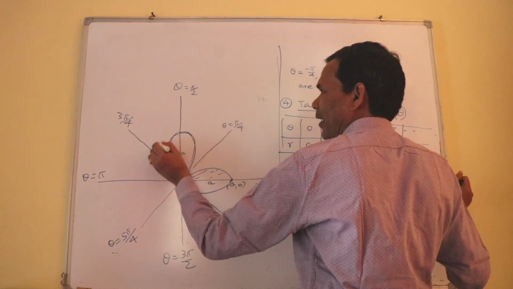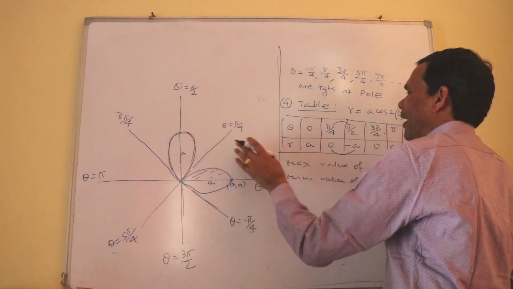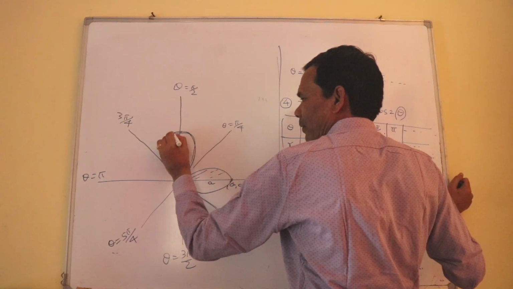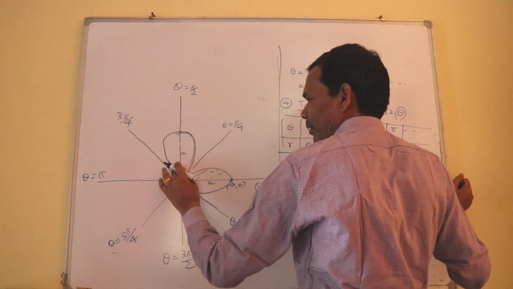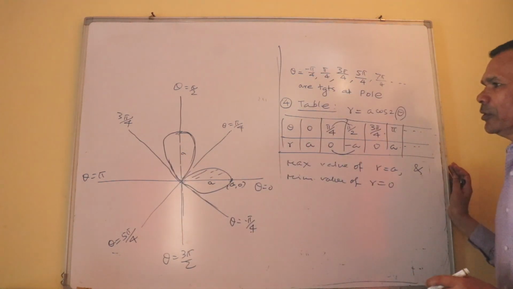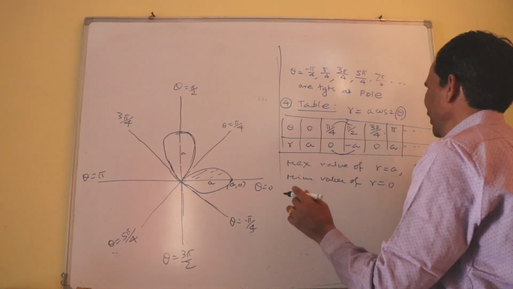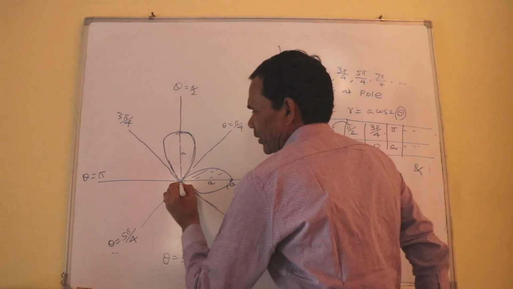And again, as theta increases from pi by 2 to 3 pi by 4, r decreases from a to 0. Similarly, if you take theta is equal to pi, here is another loop.